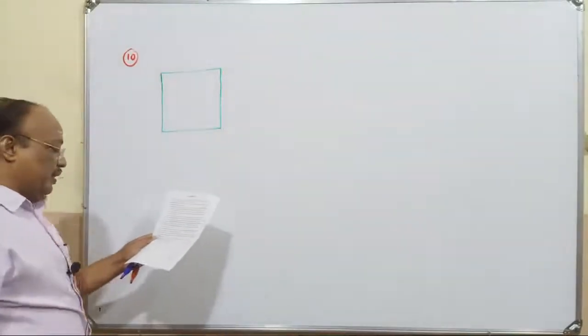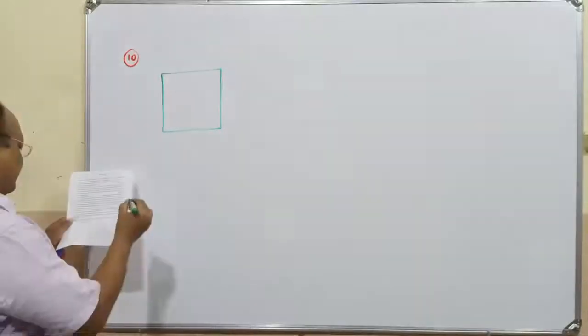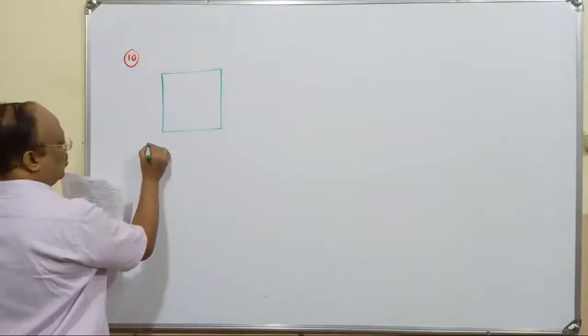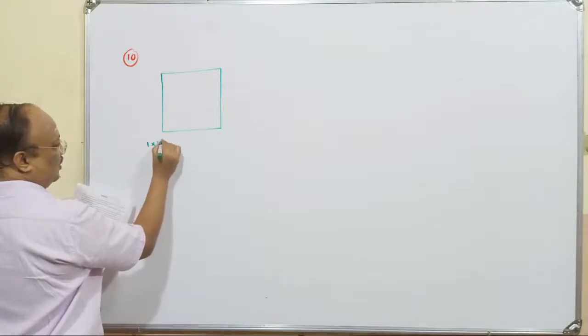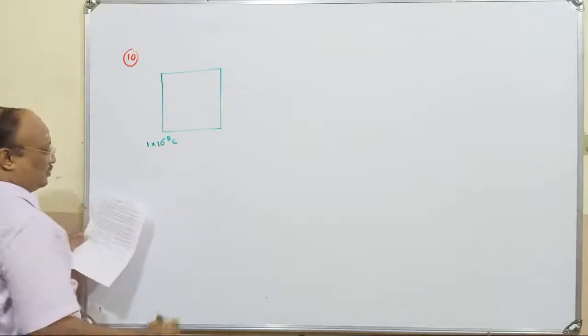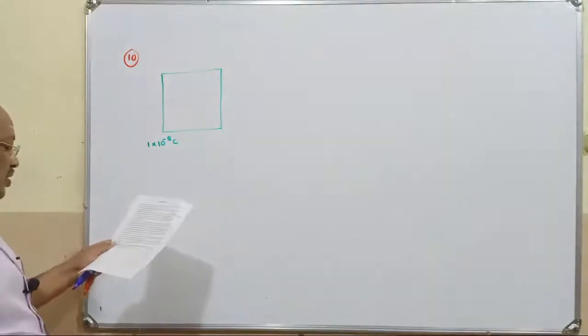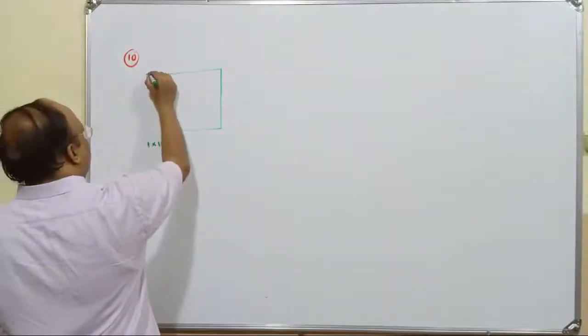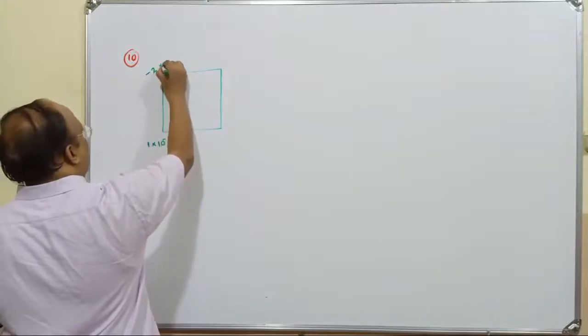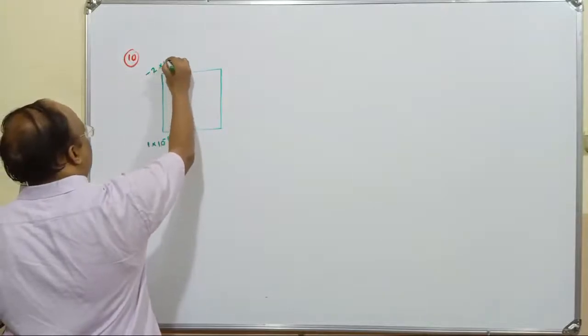So Q1, you can see they have mentioned there, is 1 into 10 to the power of minus 8 coulomb. Then the other is minus 2 into 10 to the power of minus 8 coulomb.